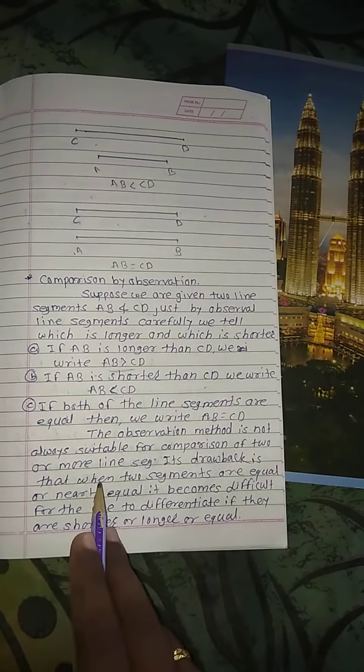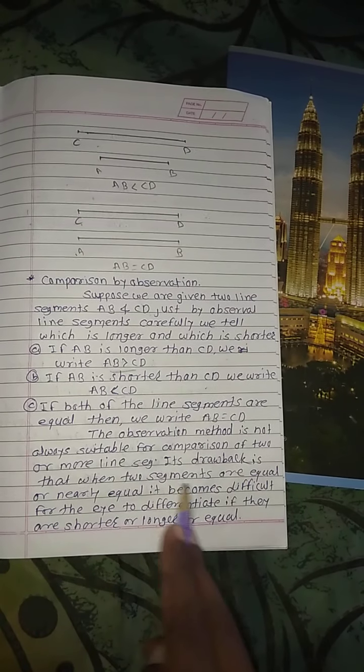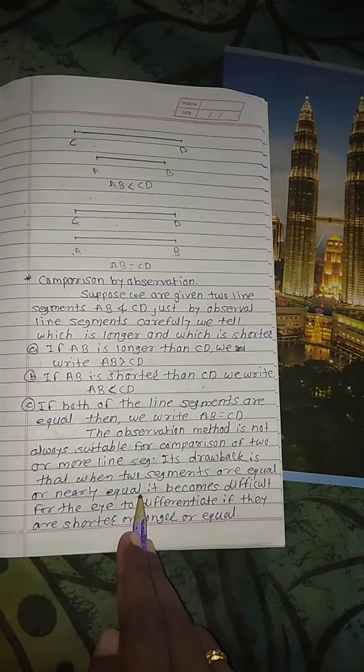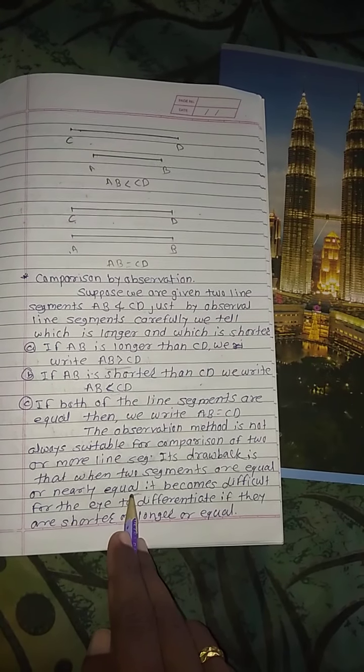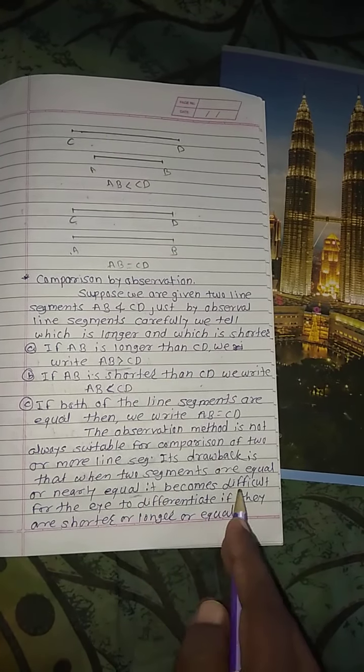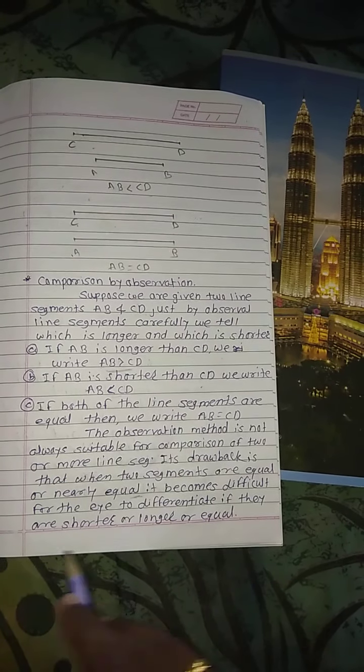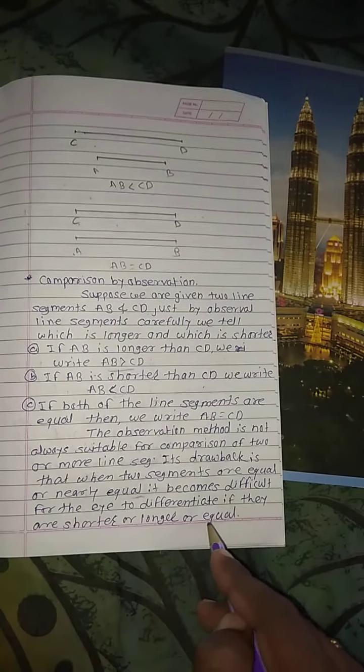It is a drawback when two segments are equal or nearly equal. Means if they are nearly equal, then we cannot say that they are equal. It becomes difficult for the eyes to differentiate whether they are shorter, longer or equal.